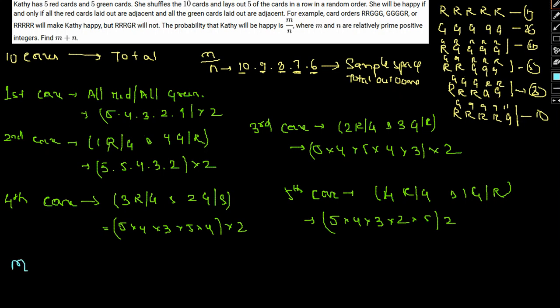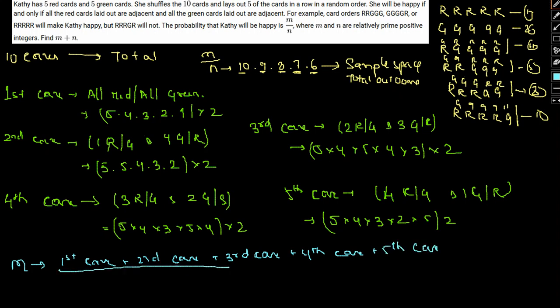So the value of m would be the first case plus second case plus third case plus fourth case plus fifth case. We'll add the entire thing up, and n will be nothing but 10 into 9 into 8 into 7 into 6.